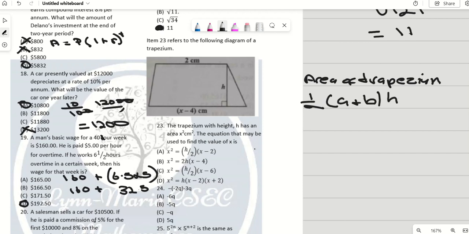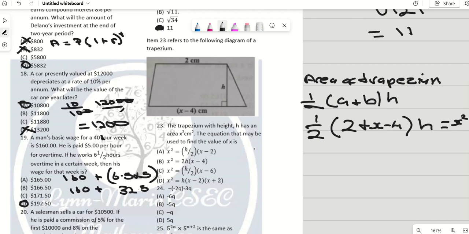A and B are your parallel sides, so that's a half, open bracket, 2 plus, not 4 minus x minus 4 plus x minus 4, and we have h here, right? They're telling you that all of this is equal to x squared, right?